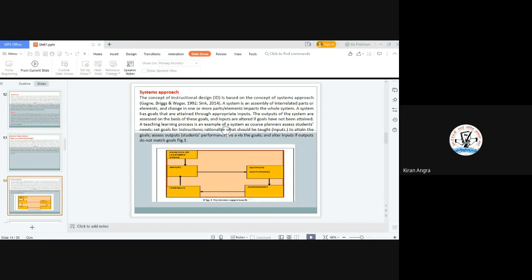Now you can see the instructional design. In a nutshell, it is not necessary that it should be based on one particular approach to learning. There have been three approaches: behaviorism, cognitivism, and constructivism.